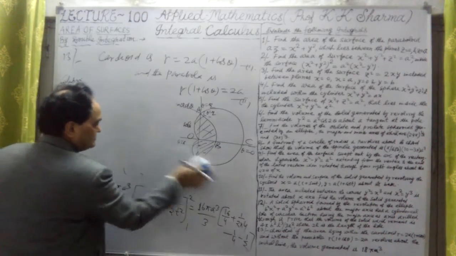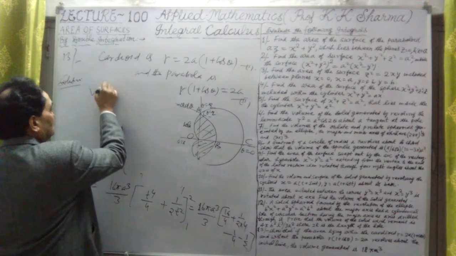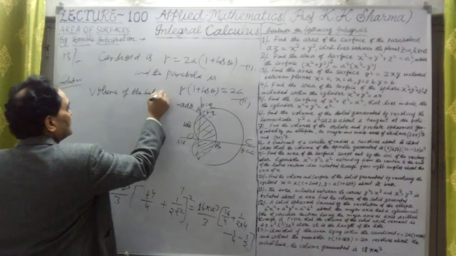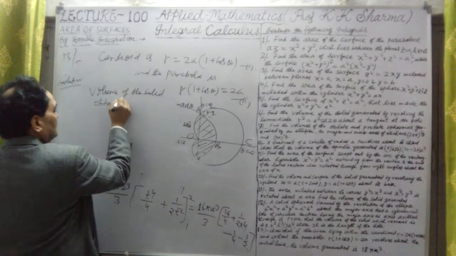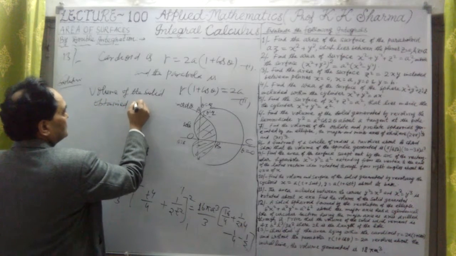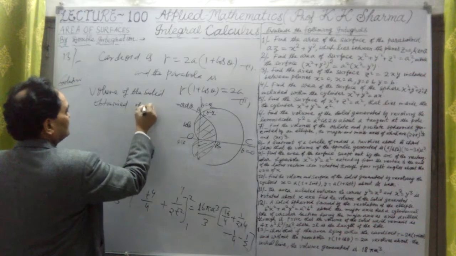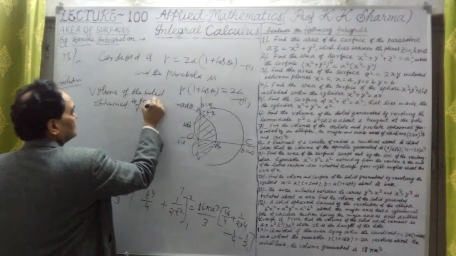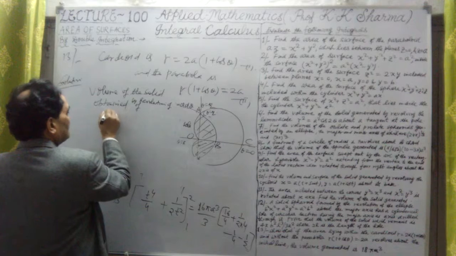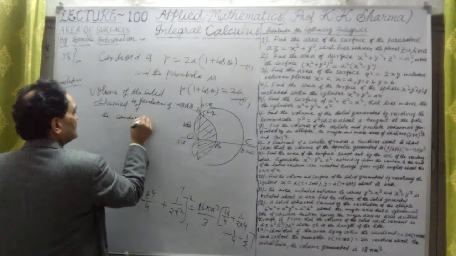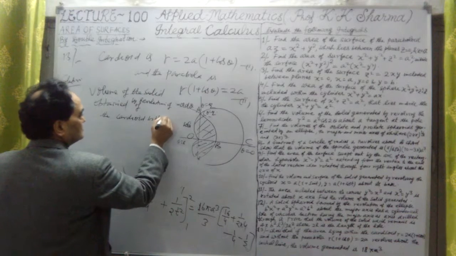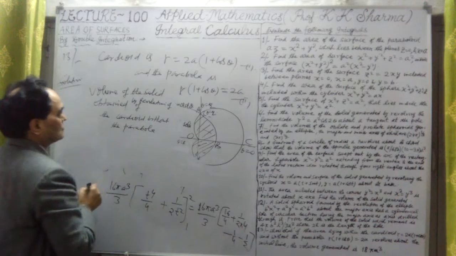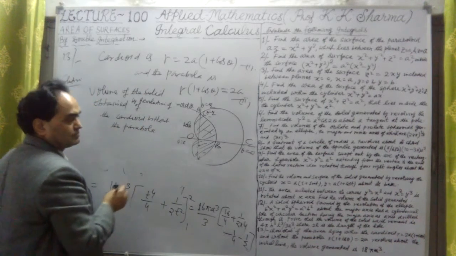So the solution of this will give us, we are calculating the volume of the solid obtained by the revolution of the cardioid without the parabola about the initial line.